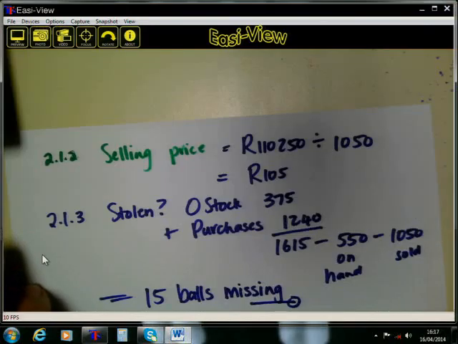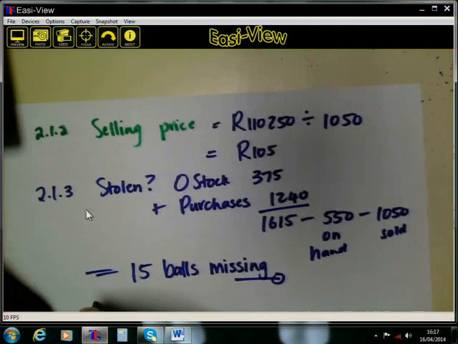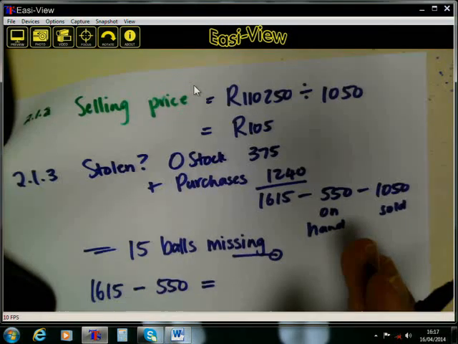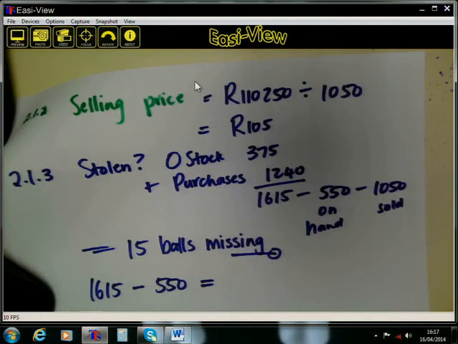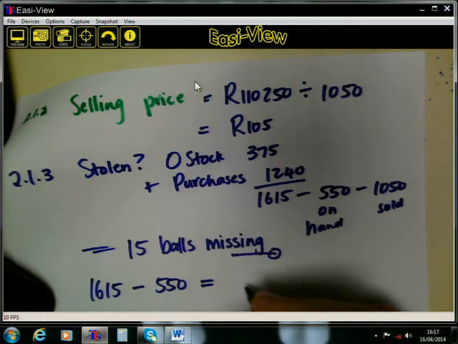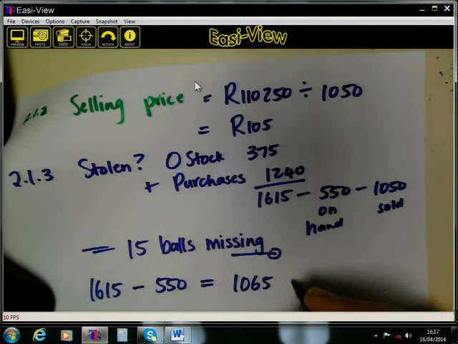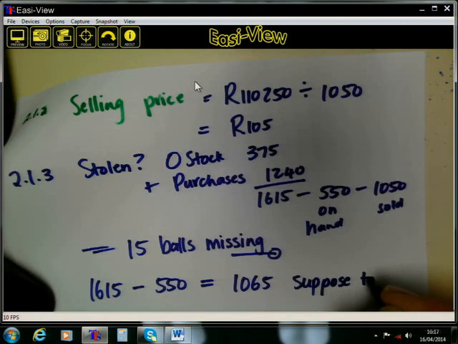You can also do this. You can say, I've got 1615, and 550 of them are still on hand. So 1615 minus 550 gives me 1065 supposed to be sold.